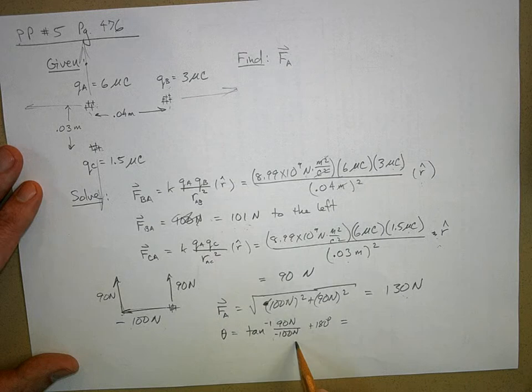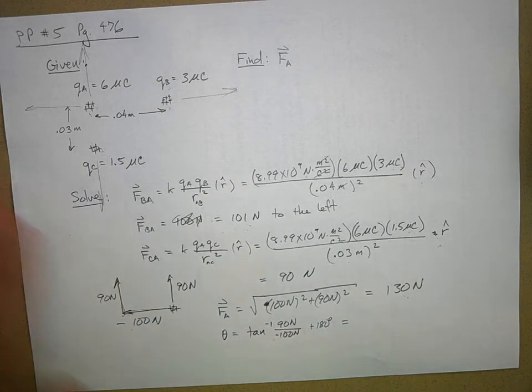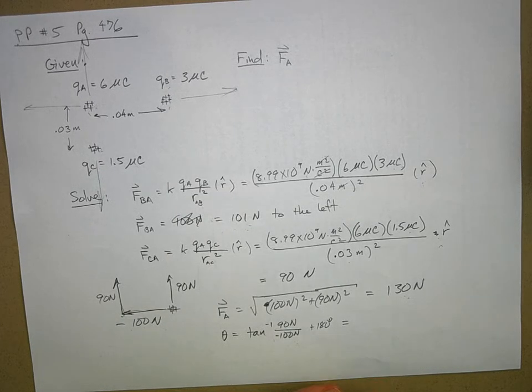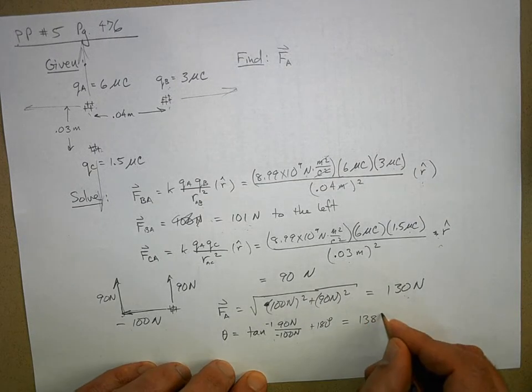So you do the inverse tangent on this, you get a negative angle, you add 180 degrees to it, and what you get is, let me find it, I think 138 degrees, I believe.